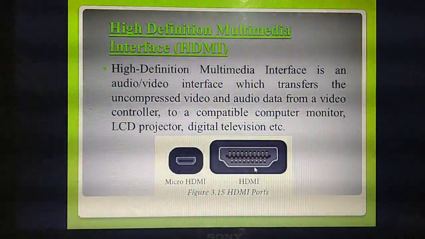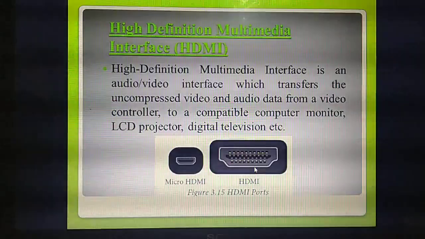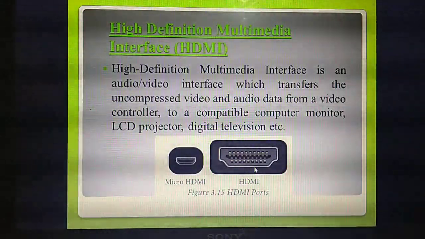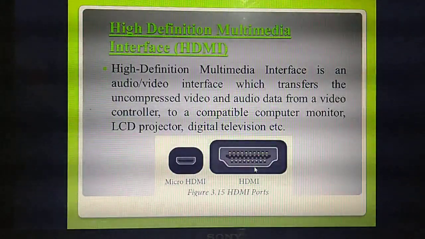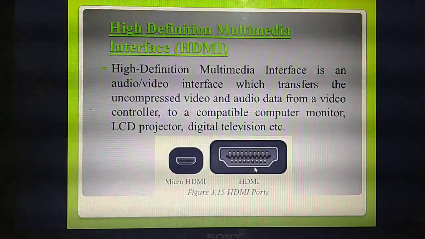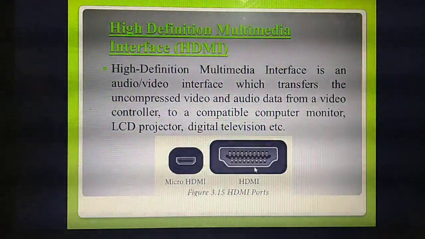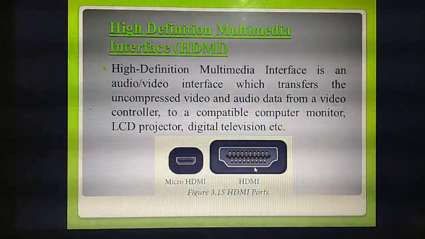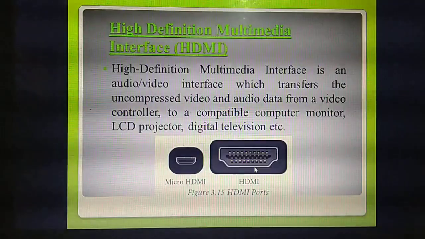The video is uncompressed, so the quality will be high. What do you mean by compressed and uncompressed? For example, if 10 kerchiefs are present in your hand, and you press them and keep them inside your closed hand, that is compressed.